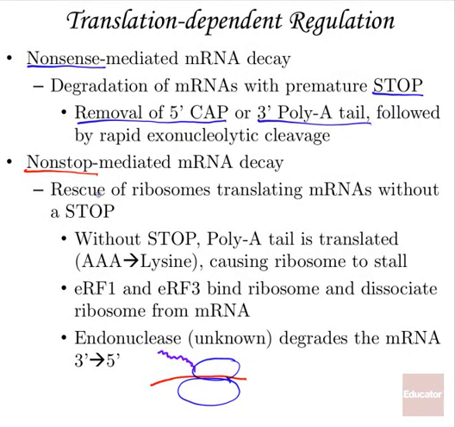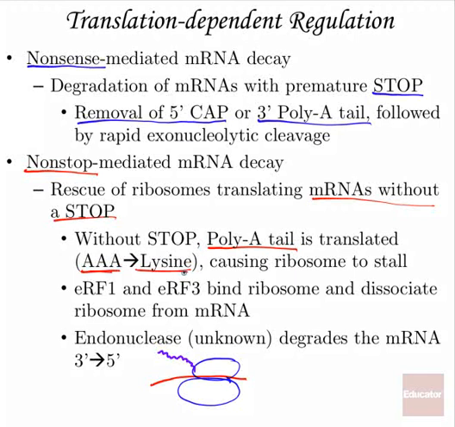So this is rescuing ribosomes translating mRNAs without a stop. If you don't have a stop codon, that poly A sequence in the tail gets translated, and that poly A, so the AAA codon, gives you lysine. And what this does, that causes the ribosome to stall, and it acts as a signal, okay, that there's something wrong.